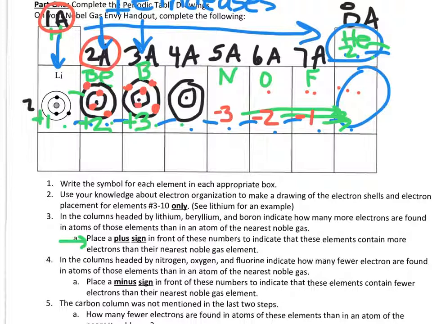So another way to think about this, guys, is that the metal atoms, groups 1, 2, and 3, have very low ionization energy. They have low electronegativity. So they're going to give away their valence electrons to be like the nearest noble gas to them, which is helium.